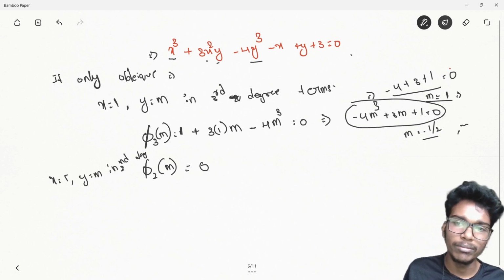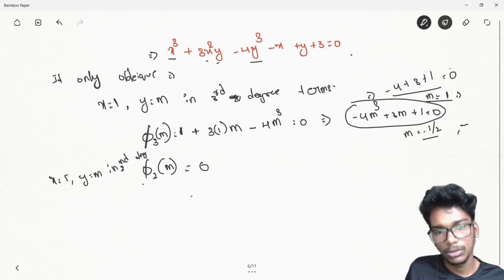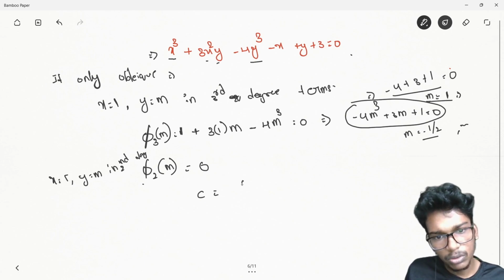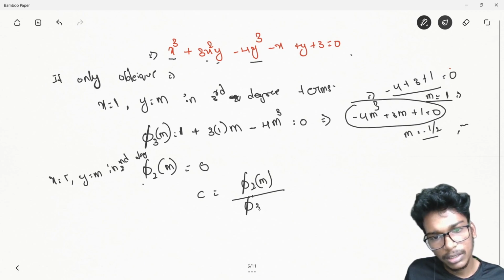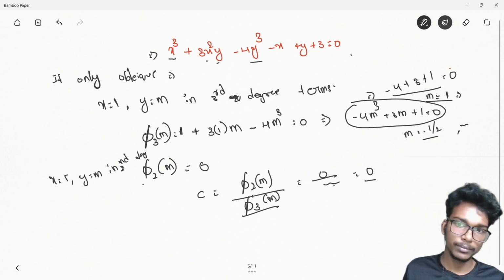But here the value of m doesn't matter, because phi 2 of m is already 0. We have c is equal to phi 2 of m by phi dash 3 of m. Whatever it might be, c will be 0, since 0 divided by something is always 0.